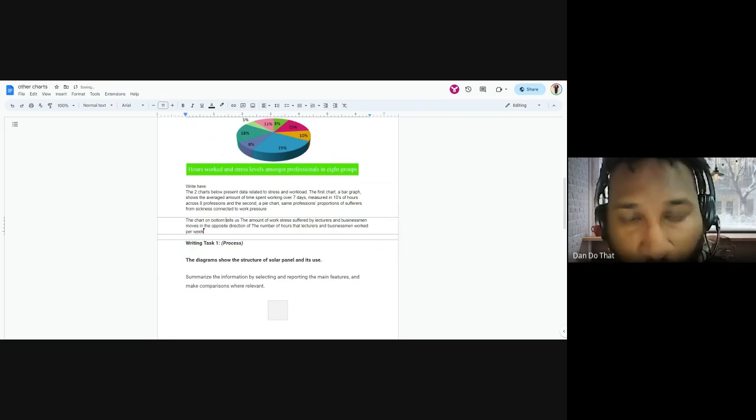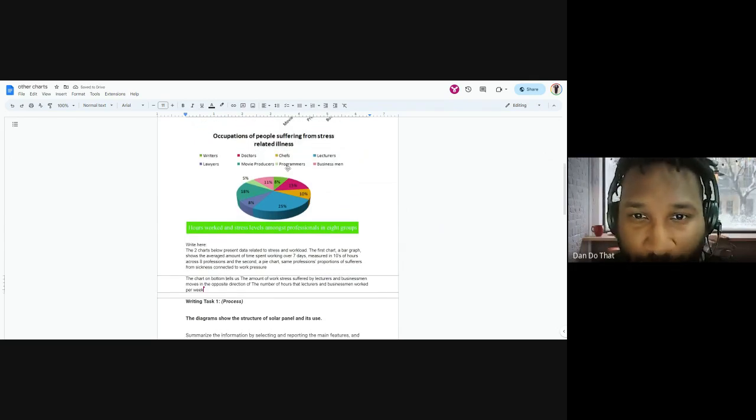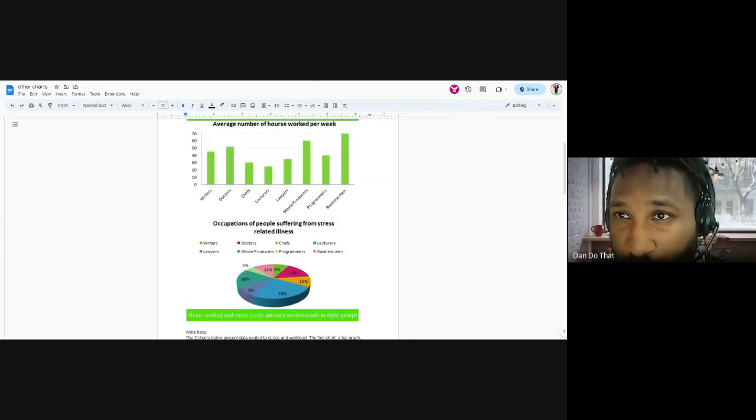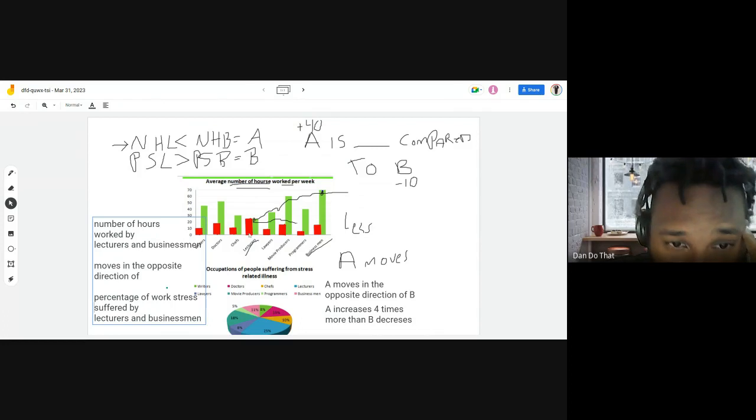The chart on bottom tells us that, what was it? I need to look over here. So the chart on bottom tells us that lecturers and stress is actually quite high. So lecturers suffer much more stress than businessmen. How much more? I don't know.